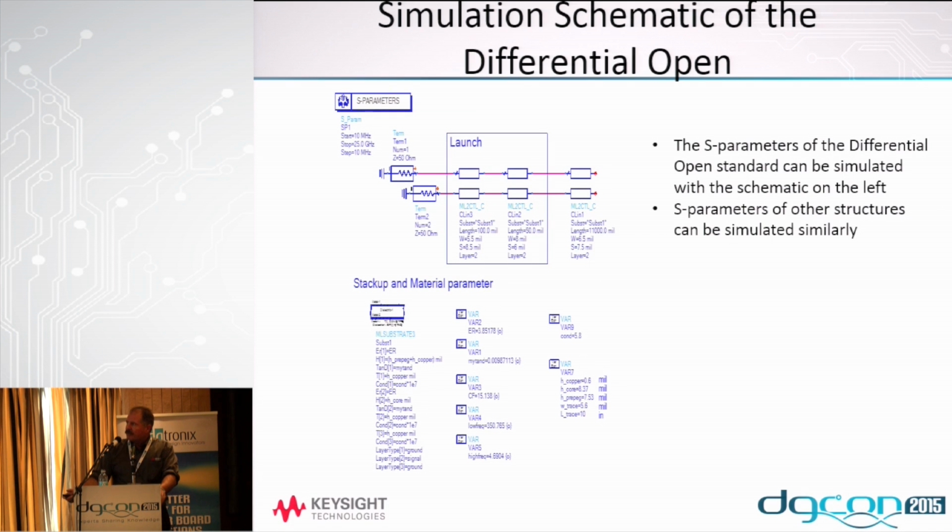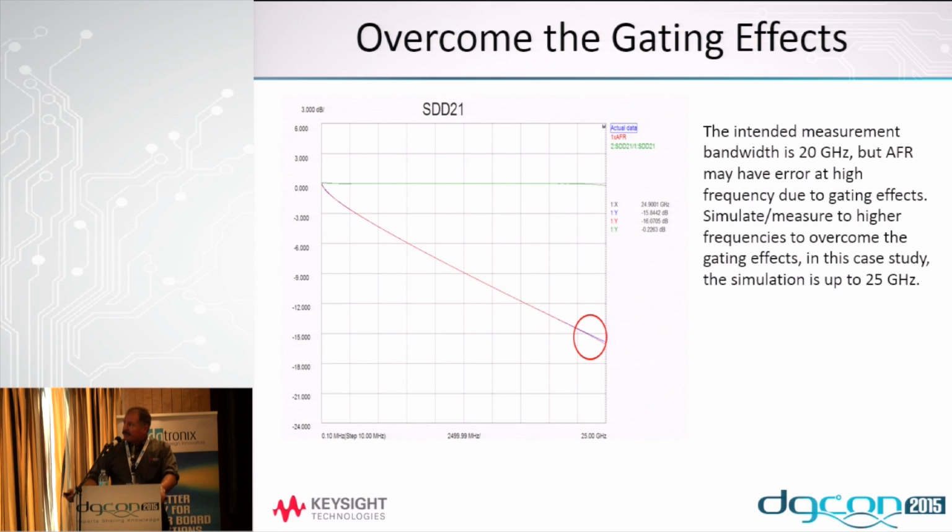So this is what the model looked like in ADS. And if you look at the differential insertion loss, I didn't bring my glasses, sorry. So in the blue curve, the actual data, and the red curve, which is the 1x AFR, you can see where they lay almost on top of each other, up into 25 gigahertz.